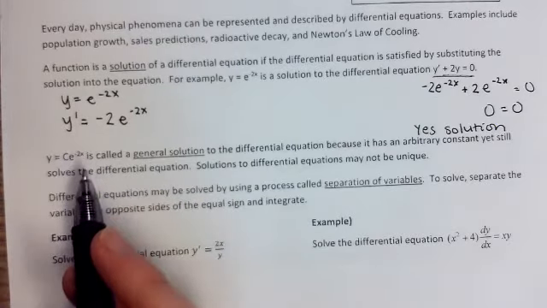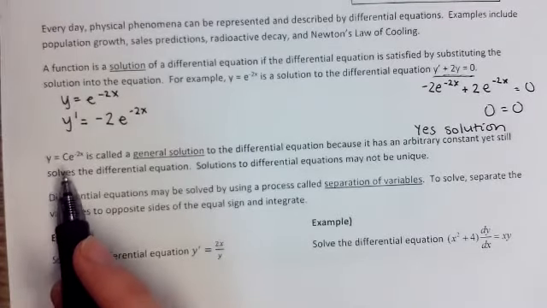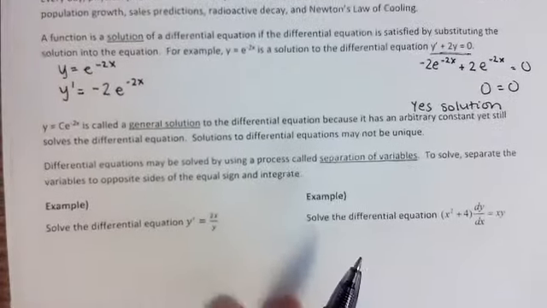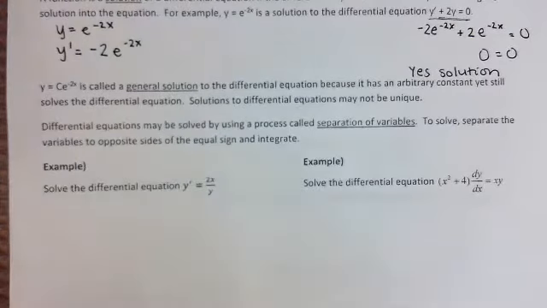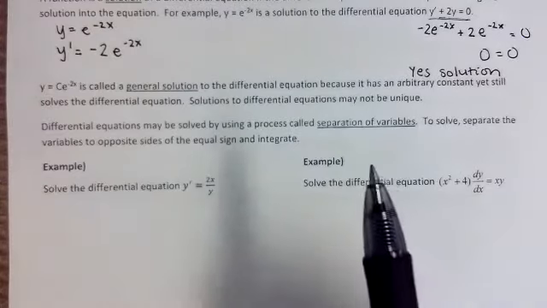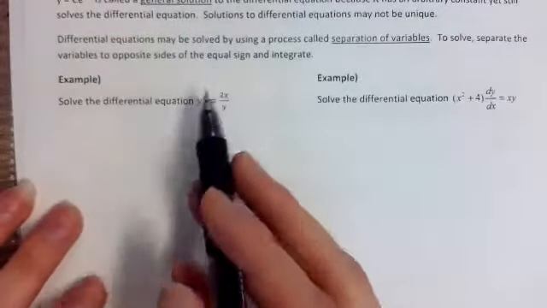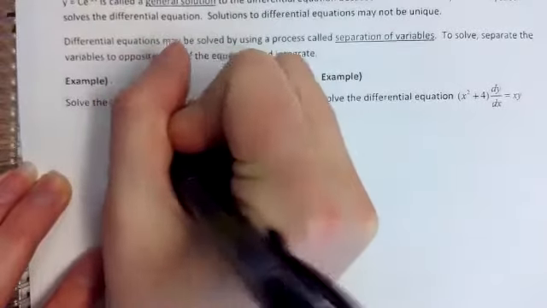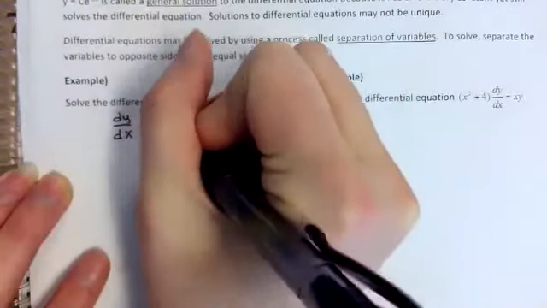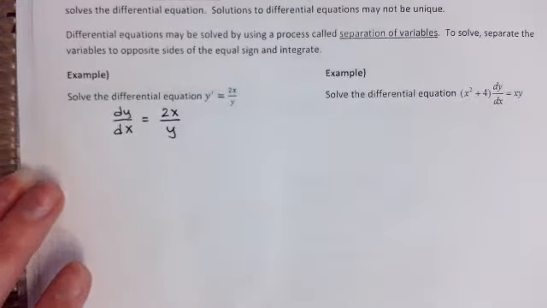We found last time that if we had that initial condition when time is 0, we could easily plug in a value for C. But our job today is not necessarily to find C, but kind of get everything separated so that we can find what a general solution may look like by using that separation of variables. So first thing, if you see a y prime, go ahead and rewrite it as dy dx. Okay, so I have dy dx equals 2x over y.